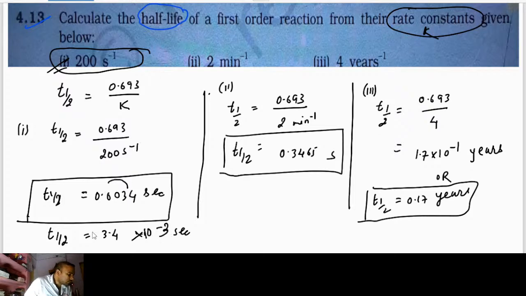The second one is 3.46 into 10 power minus 1 second, in scientific form. And the last one, 1.73 into 10 power minus 1 years. So this is correct, student.